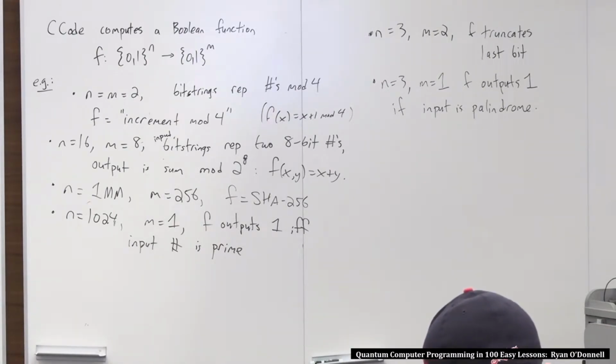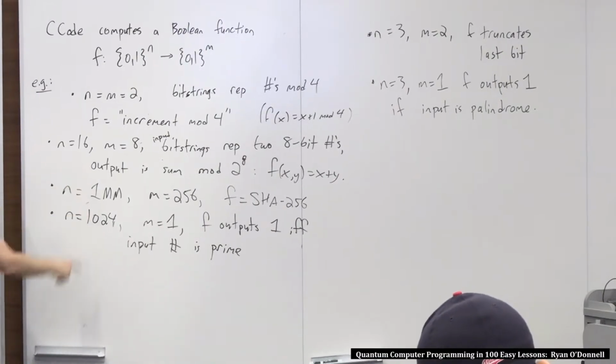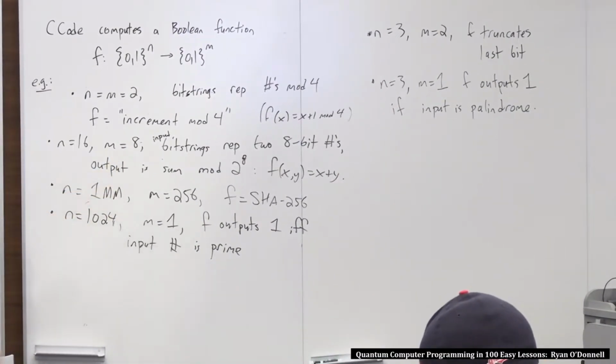Okay, so there's basically one official definition that we'll eventually come to, where by default it's what we always mean when we talk about quantum code that computes SHA-256, or quantum code that adds two numbers, or quantum code that checks for a palindrome. There's eventually going to be a default definition for what that means.